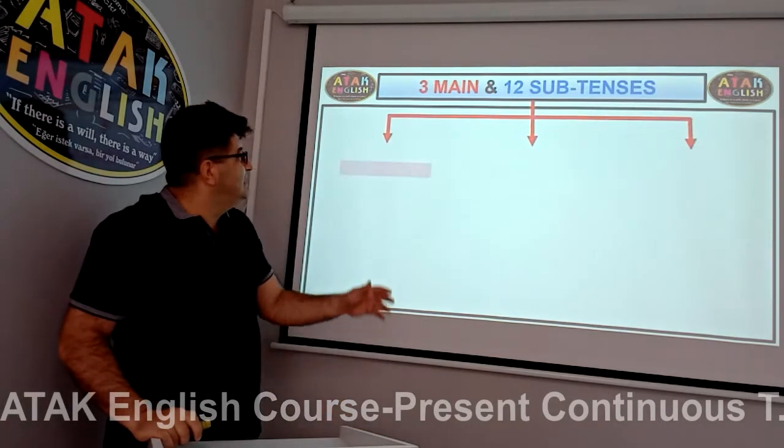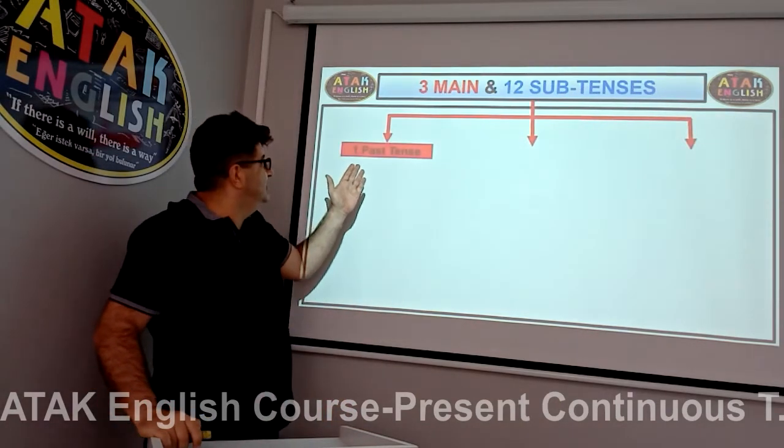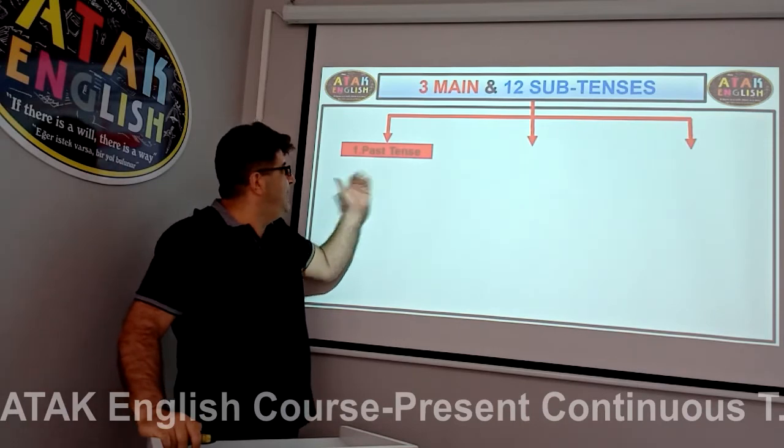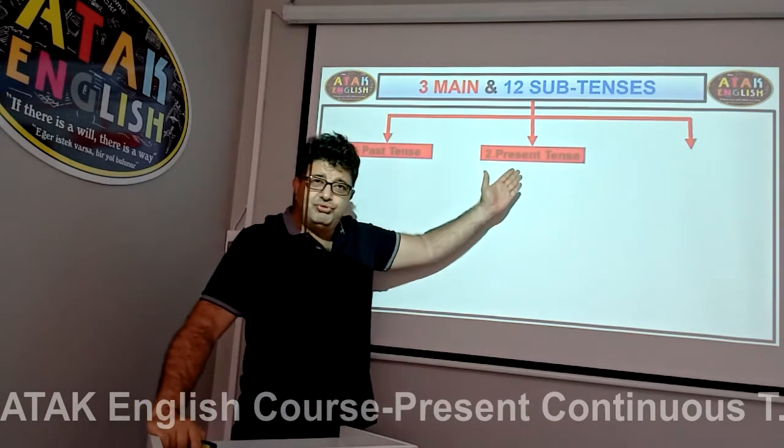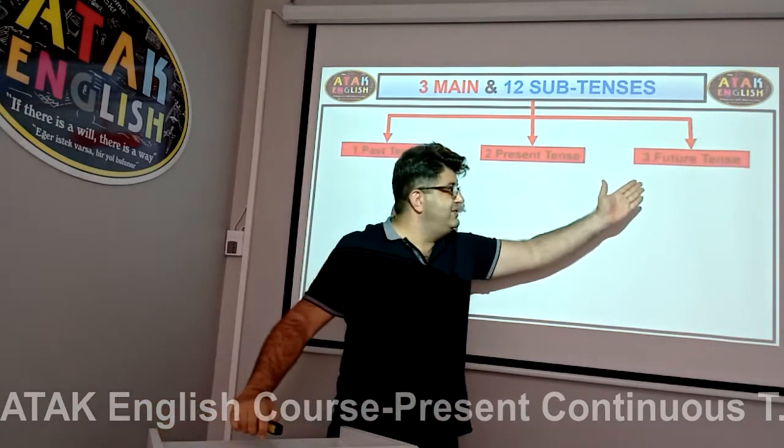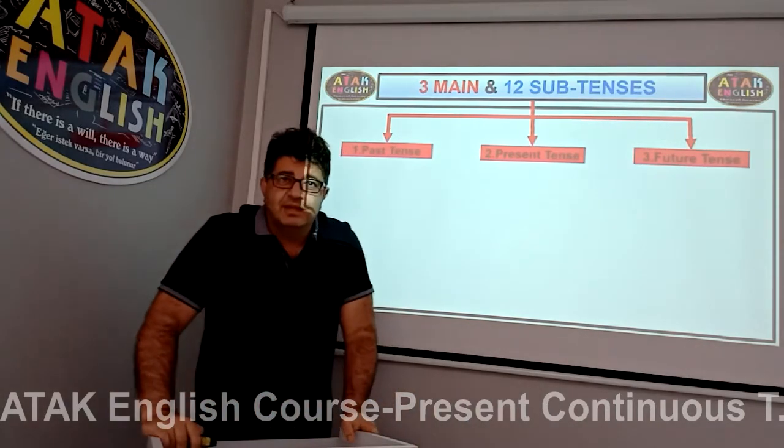three main tenses in English language, which are past, present, and future tense.